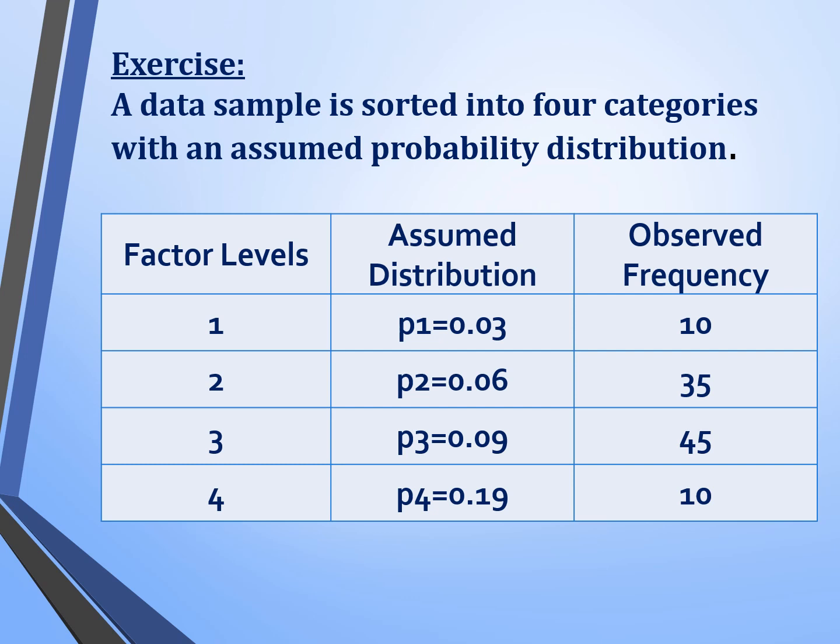For the value 45, the expected is 100 multiplied by 0.09. Then the calculated chi-square value will be estimated by using the chi-square equation. And after that, you are going to compare it with the tabulated value from the chi-square distribution table to interpret your results.